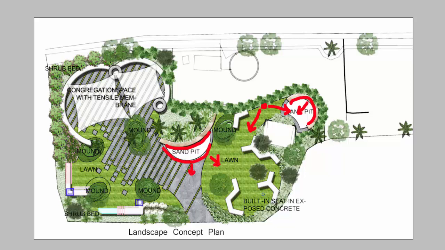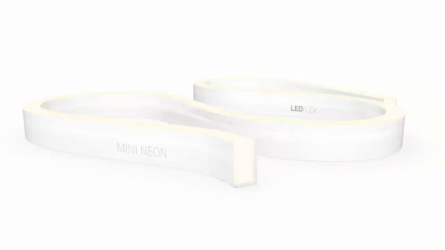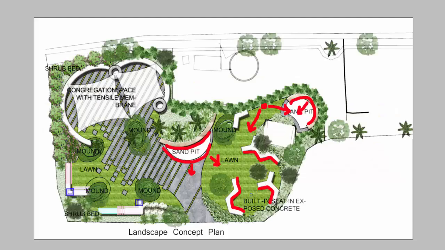And then of course the bench, I want it to be a floating bench, so I will put LED strips or LED tubes under these concrete benches. And if that is not enough, there is 3 here and also 3 here.